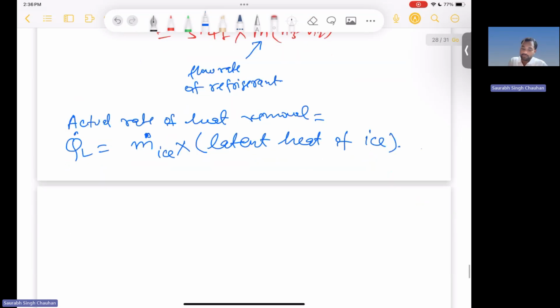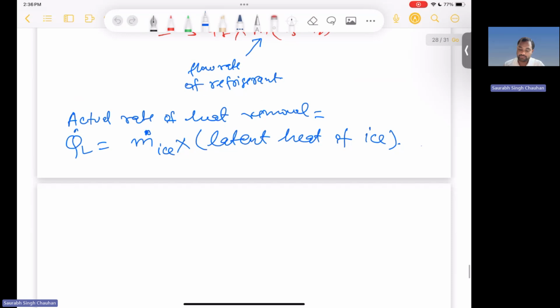Okay, so from here you can calculate this rate of formation of ice.